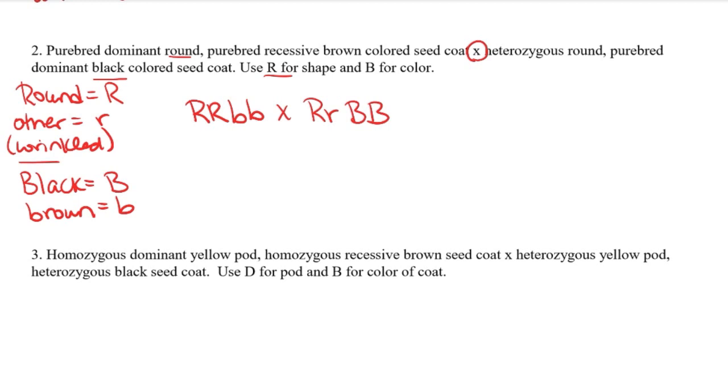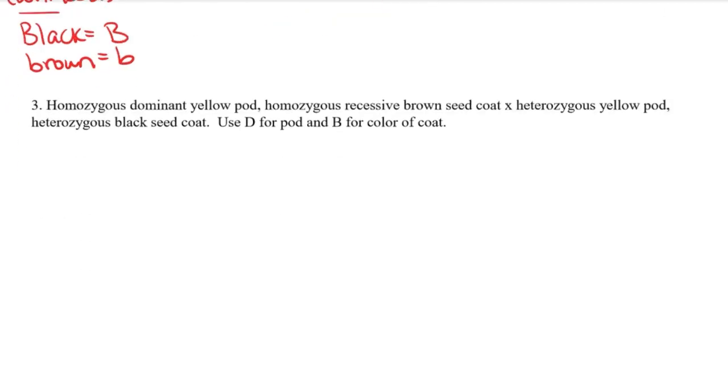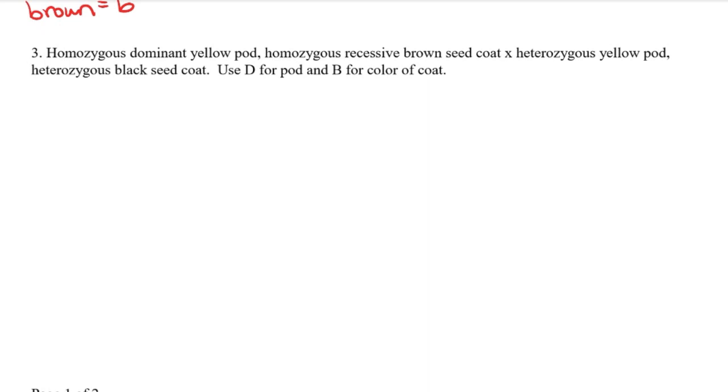And definitely for these, I would double check your symbols, double check your parents, and then your gametes, because eventually we're going to be making a 16 Punnett square, and you'd hate to go through everything because you messed up on one letter.